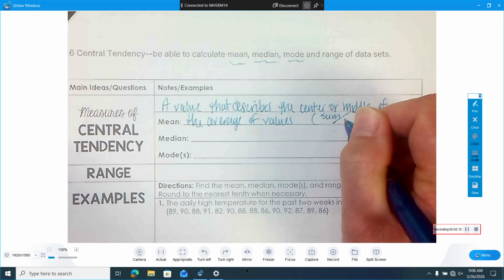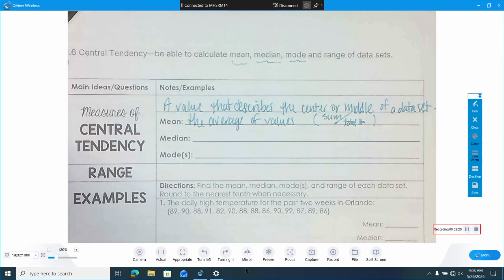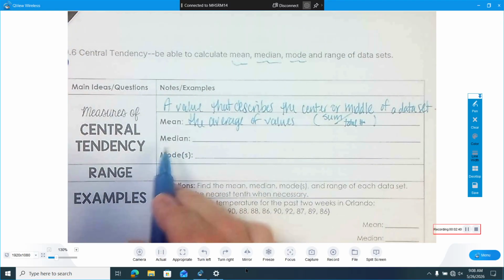So the sum over the total number of entries. We add them together and divide by the total number of data points we've got. You're going to be doing it graphically today. In your Delta Math, they're going to show you what it looks like. You just reorganize things and it's a nice little box, which is kind of interesting.